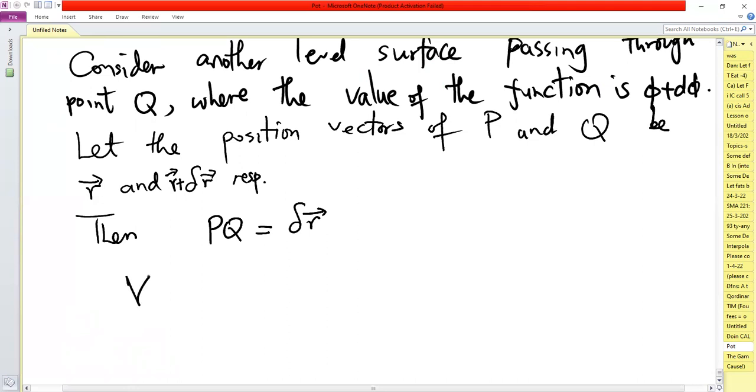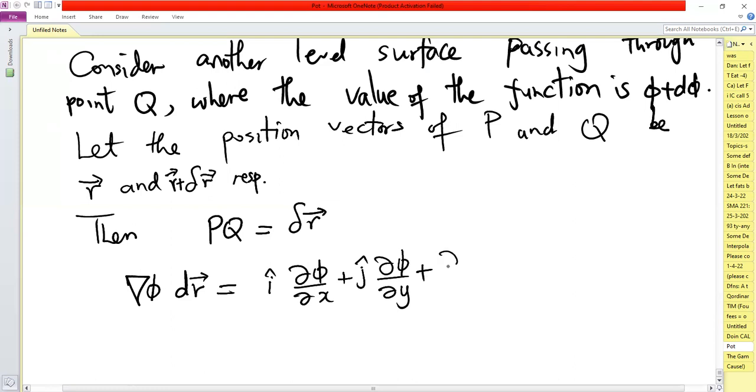So if you define the gradient of phi dotted with dR, we get i partial phi partial x plus j partial phi partial y plus k partial phi partial z.